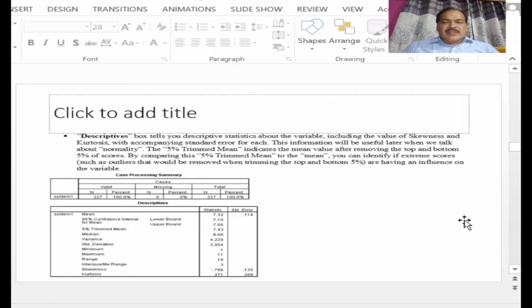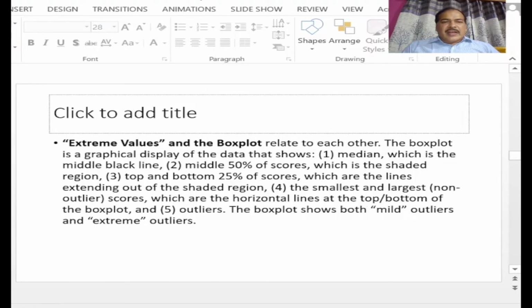Extreme scores means all the scores which are beyond a particular range, and after identifying them, we can modify the extreme value into the next normal value, and after removing the outlier, we can again go for the normal distribution test of the data.